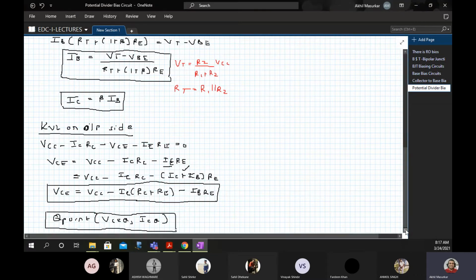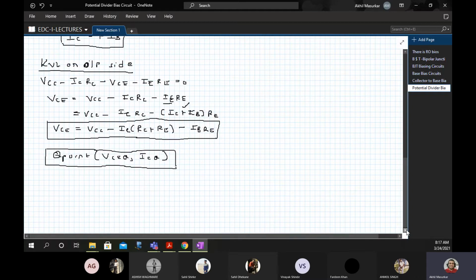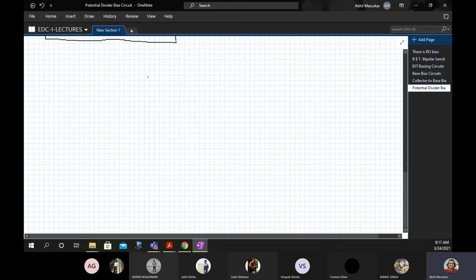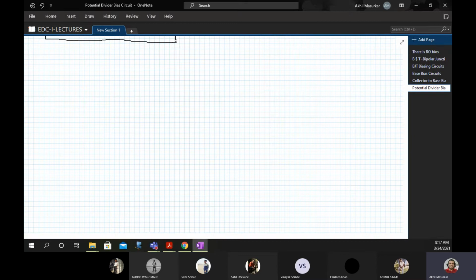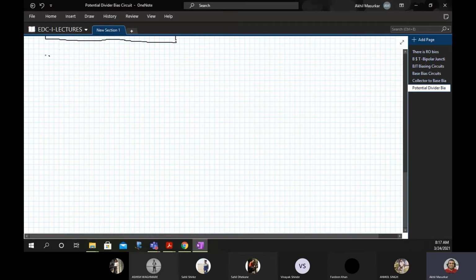So generally this calculation is followed by calculation of stability. So now we will calculate the stability factor.